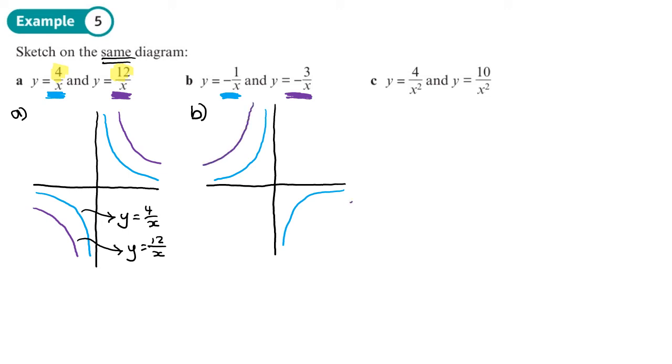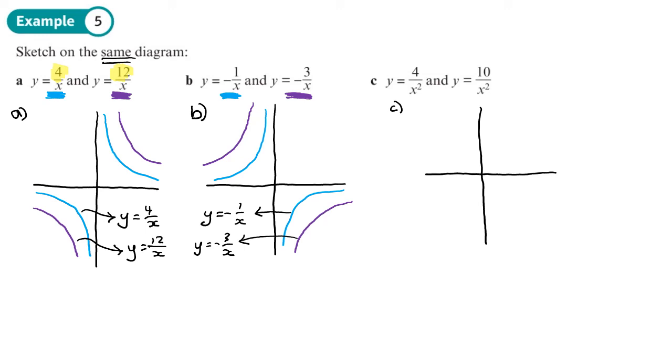Now remember, these are only sketches. What's important is we get the right shape in the right quadrants of our grid. So y equals negative 1 over x here, and this is y equals negative 3 over x. The bigger the number, the further it is from the axis. Okay, the last one, these are like the x squared graphs.